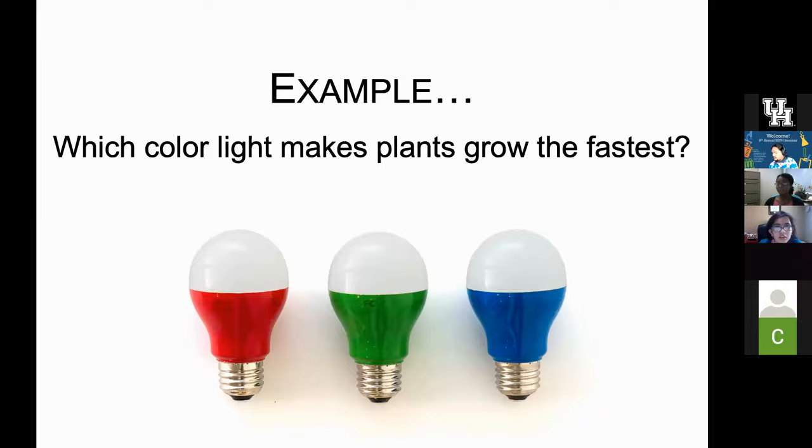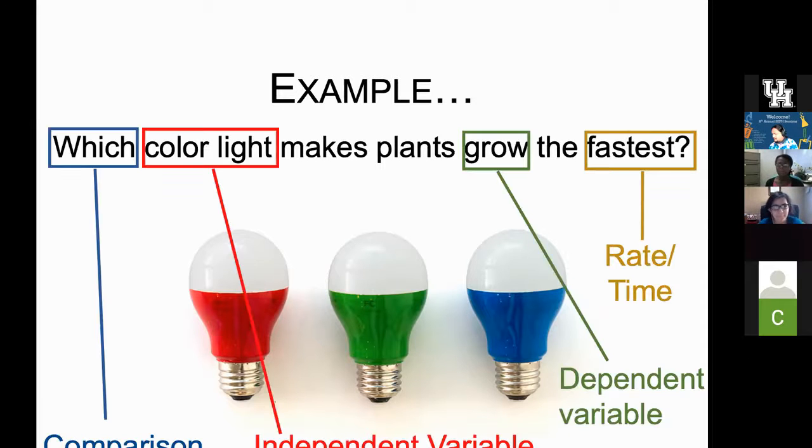This is an example that I came up with, and this is actually from a science fair project that I've seen before, at the lower middle school level, like sixth grade. And when you're thinking about a question like this, what you want to be able to see is the things to measure. So you look at this question and you say, okay, my independent variable is light, and my dependent variable is something about growth.